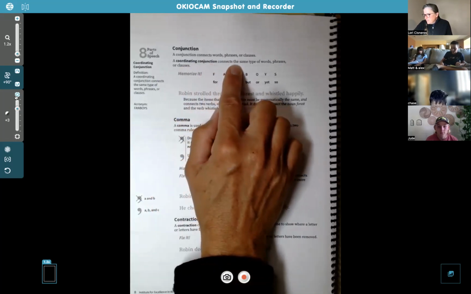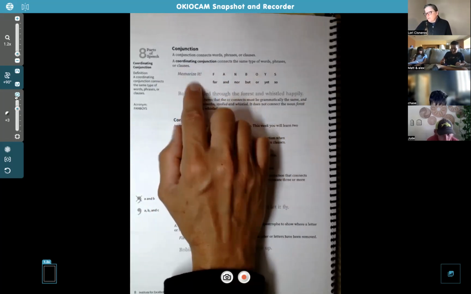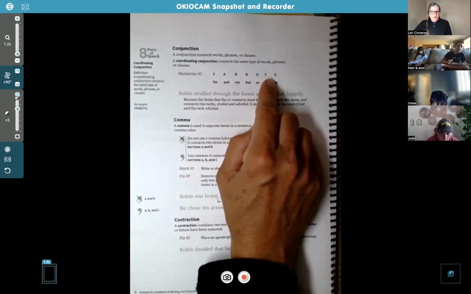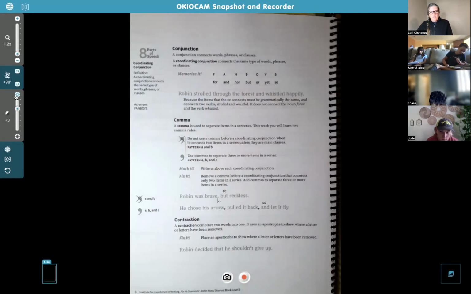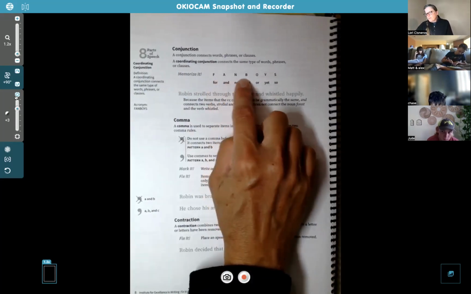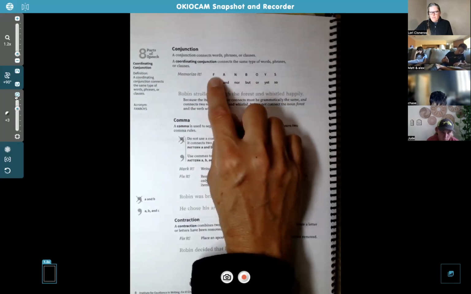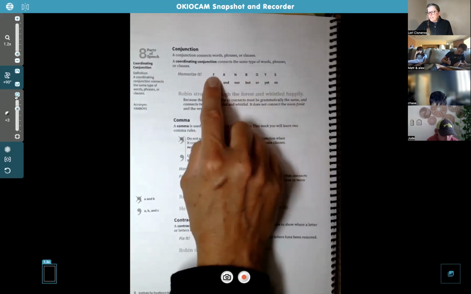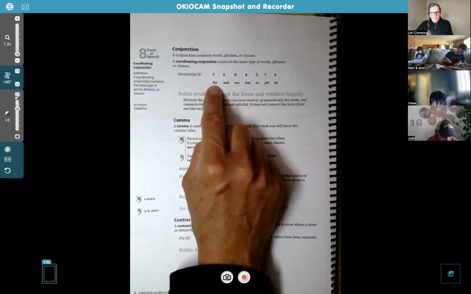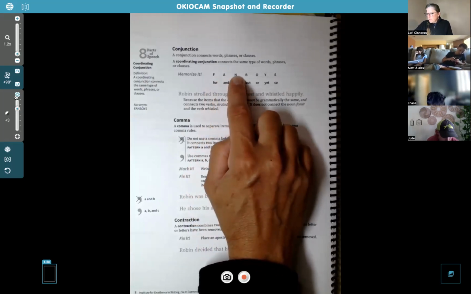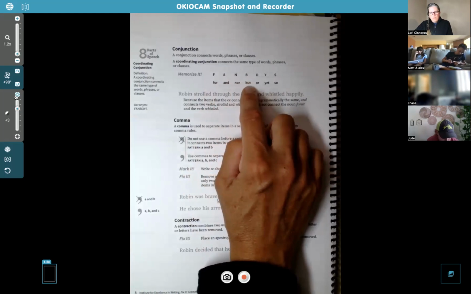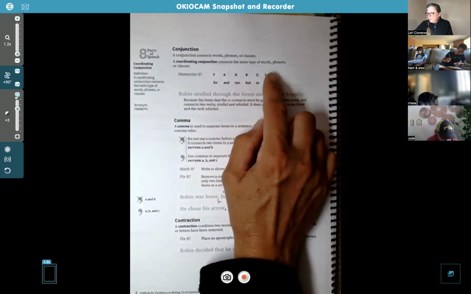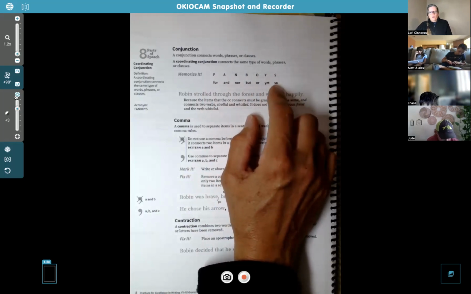Anyway, a coordinating conjunction connects the same type of words, phrases, or clauses. Now, they give you what's called an acronym. An acronym is a made-up word where each letter stands for a word. The word is FANBOYS. They made up that word, and each letter stands for a conjunction: F stands for for, A, and, N, nor, B, but, O, or, Y, yet, S, so.